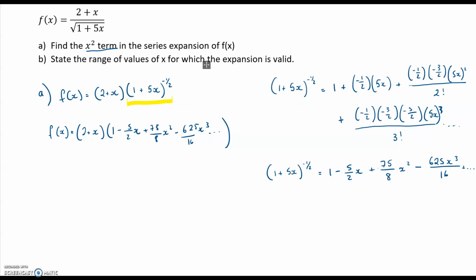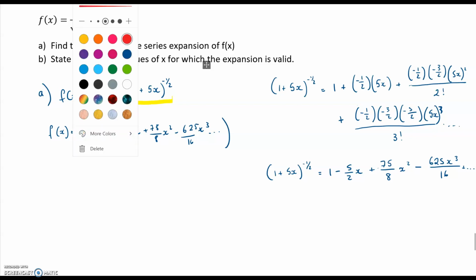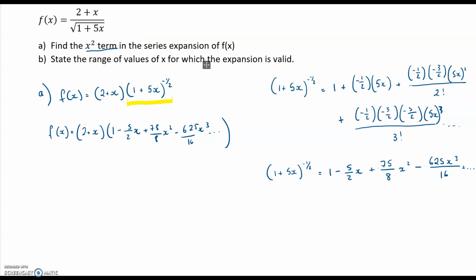Now, all I need to do here is think about, if I'm finding my x squared term, which parts of this function are going to give me an x squared term. Now, obviously, we're going to end up with an x squared term when we multiply, if we just think about our FOIL rules type of expansion, okay, we multiply everything together.